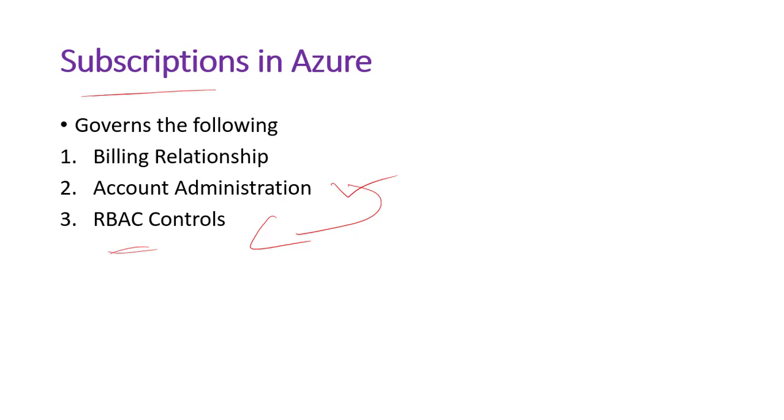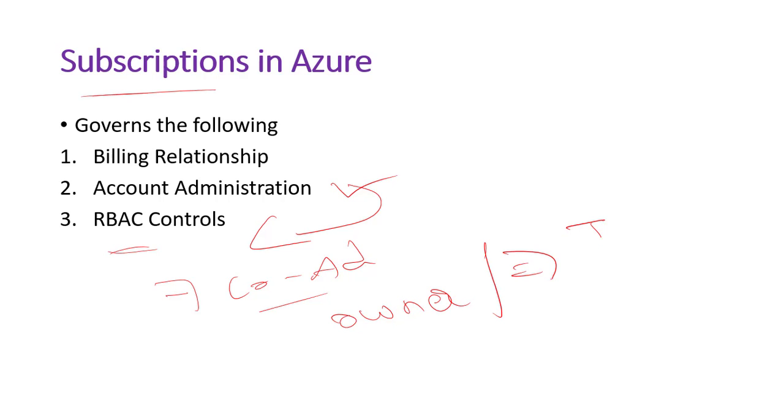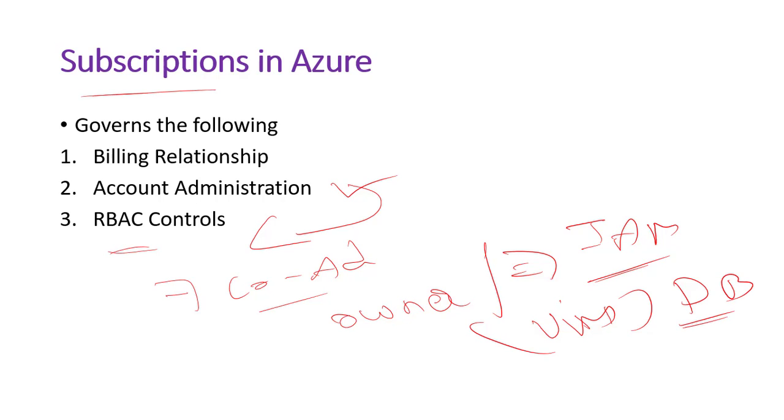Using role-based access control, we can make the user a co-admin or administrator or the owner of the subscription, or we can define in subscription IAM that he can view only the virtual machine resources or database resources, or he can have access only to Azure Active Directory. So this sort of restriction we can provide to the users using the subscription IAM.